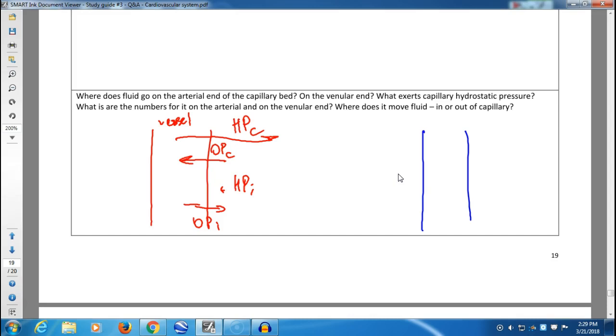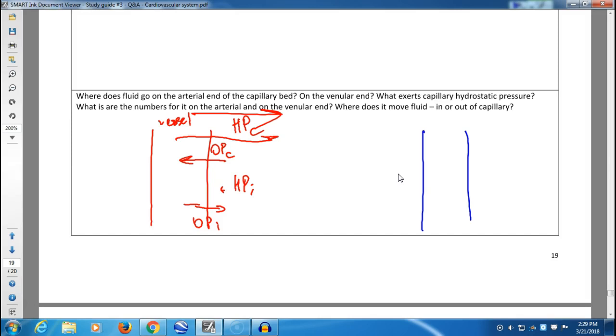Overall, at the arterial end, net filtration pressure drives the fluid where? Into the tissue, interstitial. This one. On the venous end, all the things are the same, right? All the pressures, conceptually the same numbers.